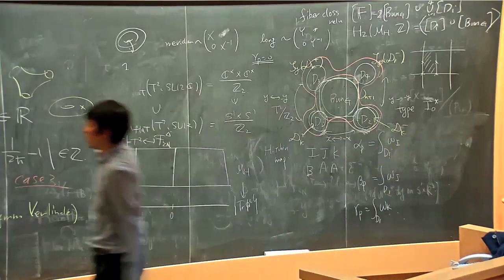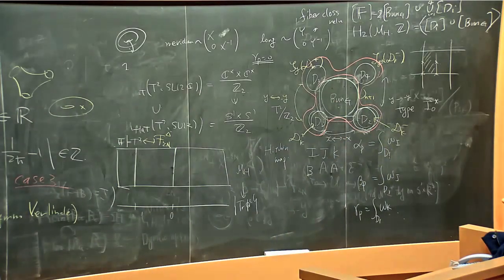So Oblomkov showed that this representation of DAHA is equivalent to the rep of spherical DAHA, and in fact you just consider S1 cross R cross R2.